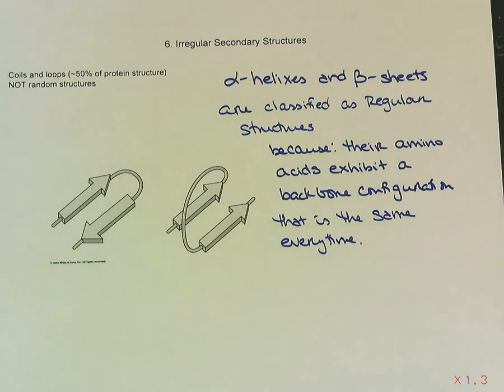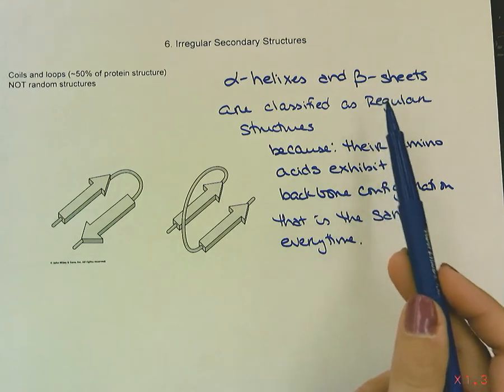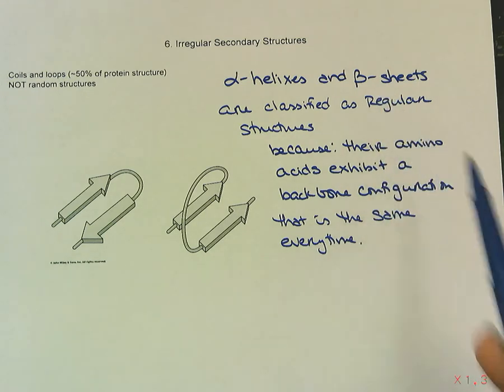So even if the amino acids change from one alpha helix to the other, all alpha helices are right-handed. They all stack up hydrogen bonds between 1 and 4 and 2 and 5 and whatnot. All beta sheets, regardless of which amino acids they contain, will either be parallel or anti-parallel, and they line up side by side and they stack on top of each other.